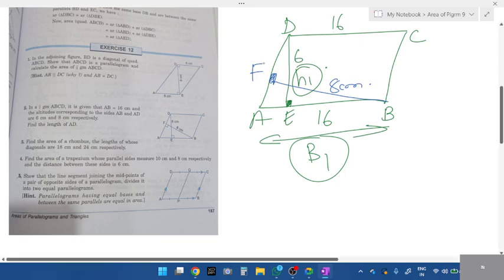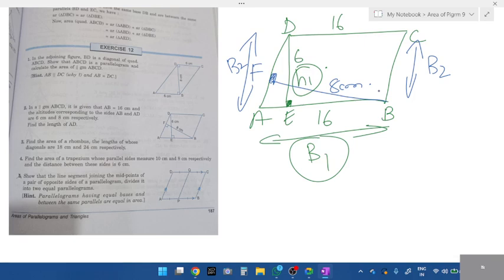AD. So let me take AD as base 2, right? See, this is base 2. If that is base 2, what about BF, students? BF will be height 2.